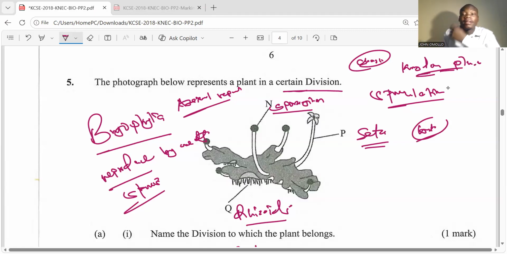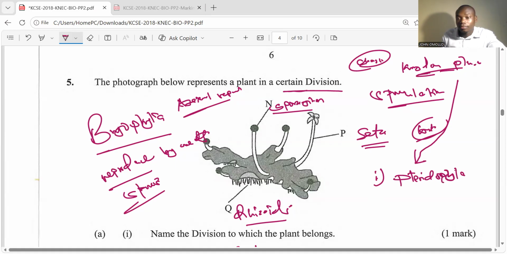Kingdom plantae has 3 divisions, and I want to write them down here. The first division is pteridophyta. The second division is bryophyta.